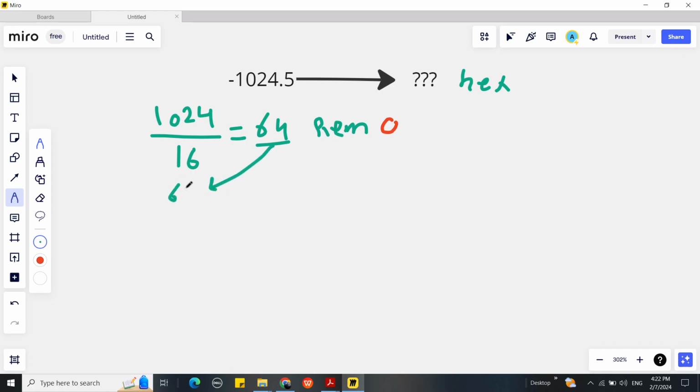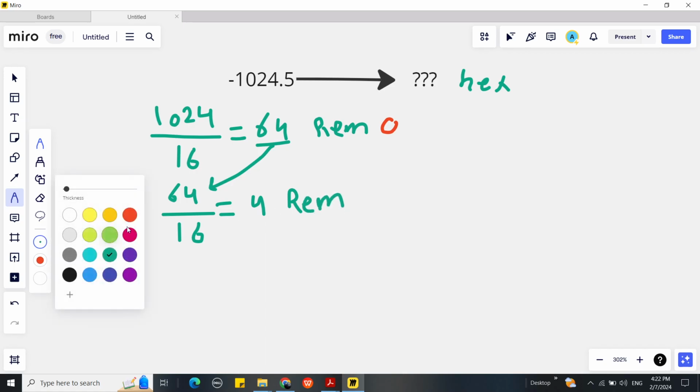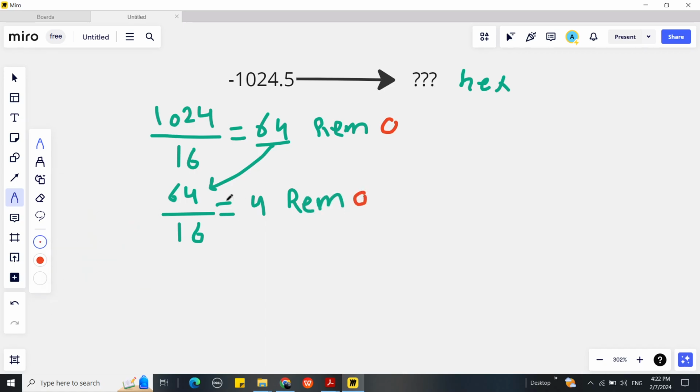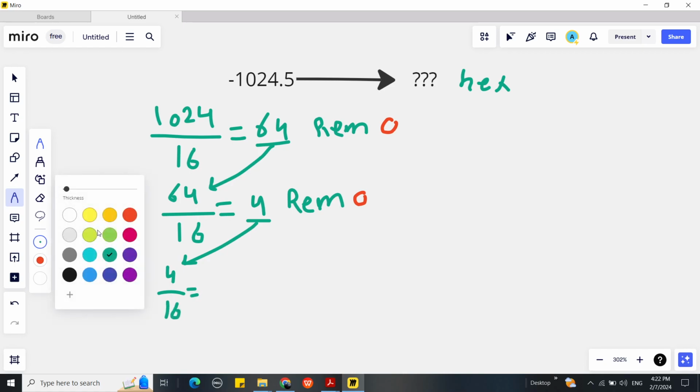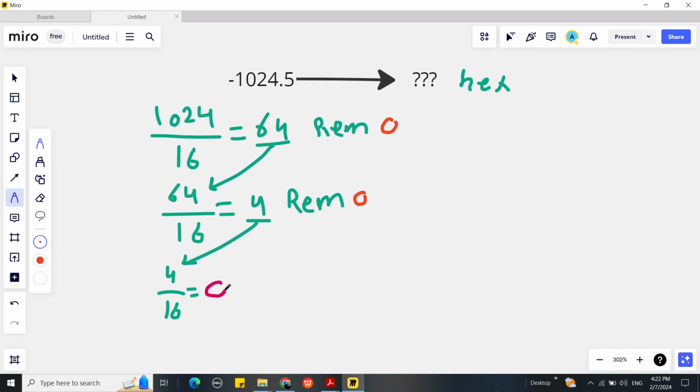So it's 64 over 16, which I believe is going to give us 4, and the remainder is again 0, right? And then finally, you take this number and divide it by 16, which gives us 0, and this means the end of our division.